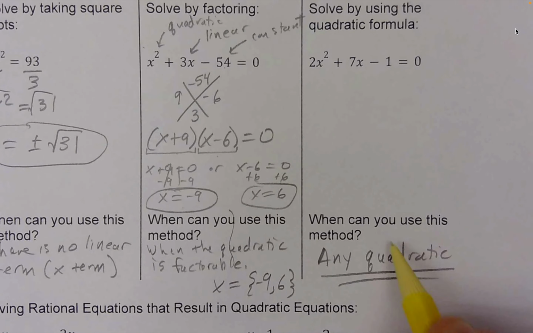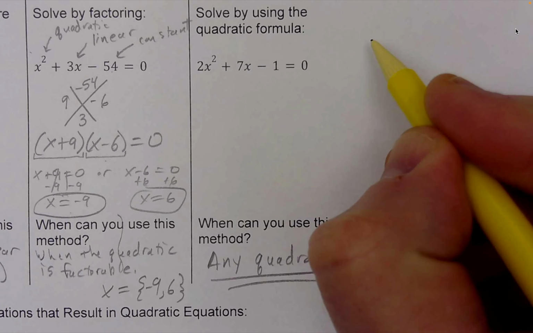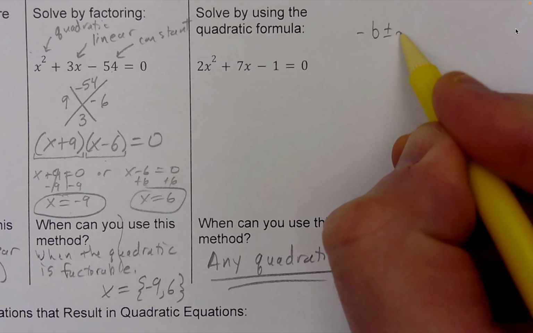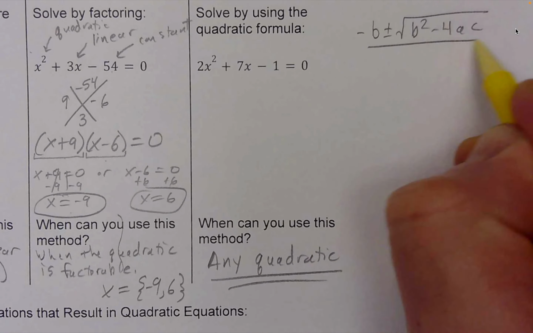You'd have to do a little rearranging there, but there's a way to do it. Okay, so the quadratic formula, if you recall, and hopefully you can squeeze this on. I know you guys may not have this room over here, but try to put it somewhere on your note page, or maybe you just have this memorized by now. So x equals negative b plus or minus square root of b squared minus 4ac, all over 2a.